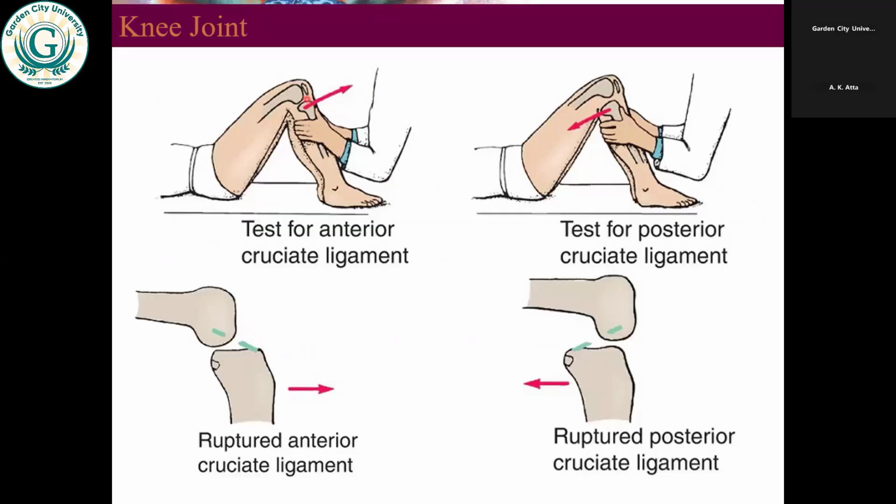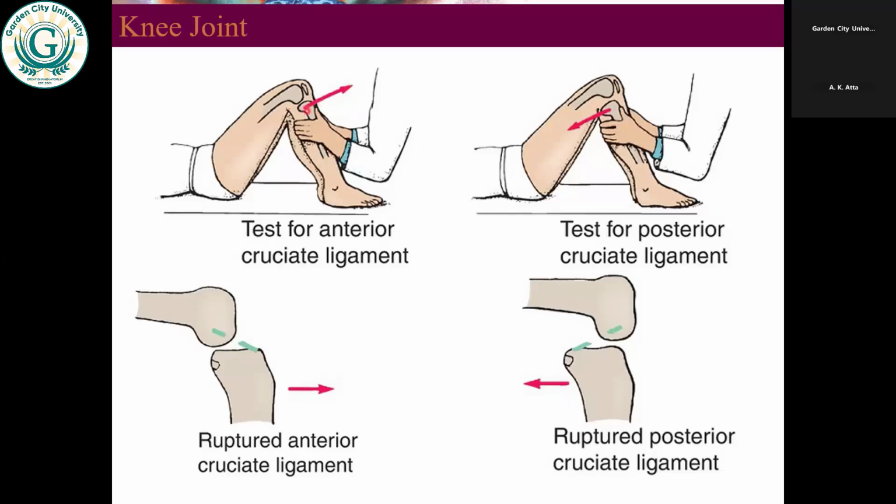So when you move this one forward, it will move forward. But if there is prevention, it's not able to move forward, then of course it means that the anterior cruciate ligament is doing its work.